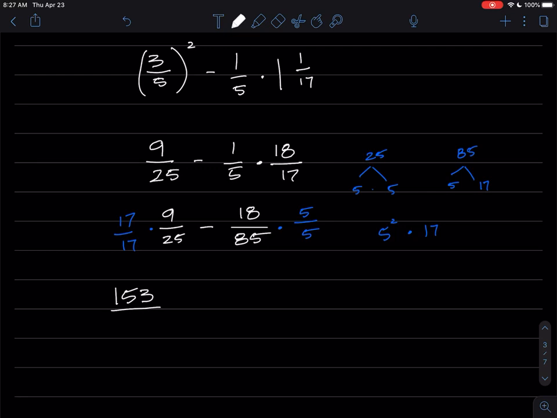Because there's 4 25s in 100, so 16 would give me 400. 17 would give me 425. Minus 5 times 18 is 5 times 10, which is 50, and 5 times 8, which is 40. So that's 90. And then 5 times 85 should give us 425 again. And that gives us our common denominator.